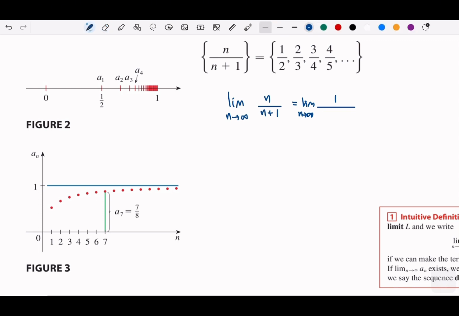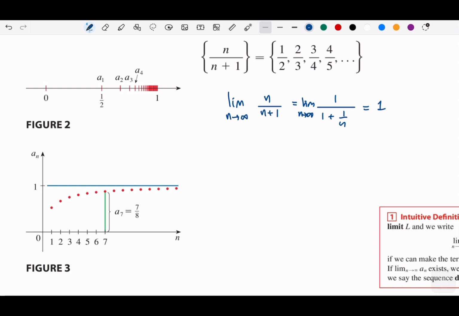It's 1 over n. And 1 over n, for n going to infinity, is 0. So this is going to be equal to 1. If we see that through our graph, it's true. It's going to be close to that line, or close to this number 1.